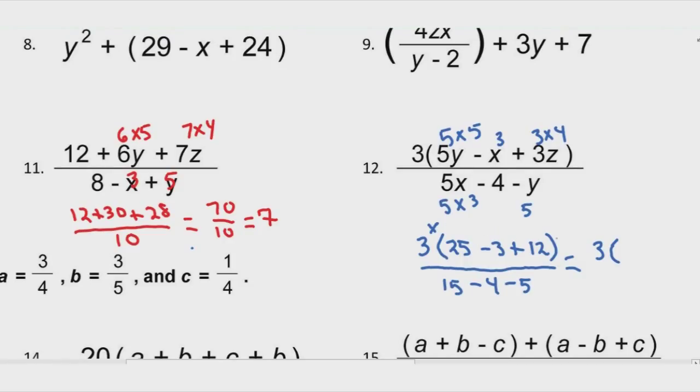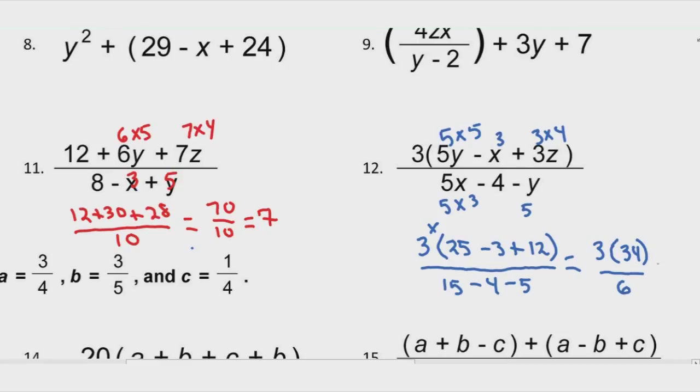All those mean multiplication. So we end up with 3 times, well, 25 minus 3 is 22, plus 12 is 34, and that's going to be over 15 minus 4, which is 11, and 11 minus 5 will give you 6.